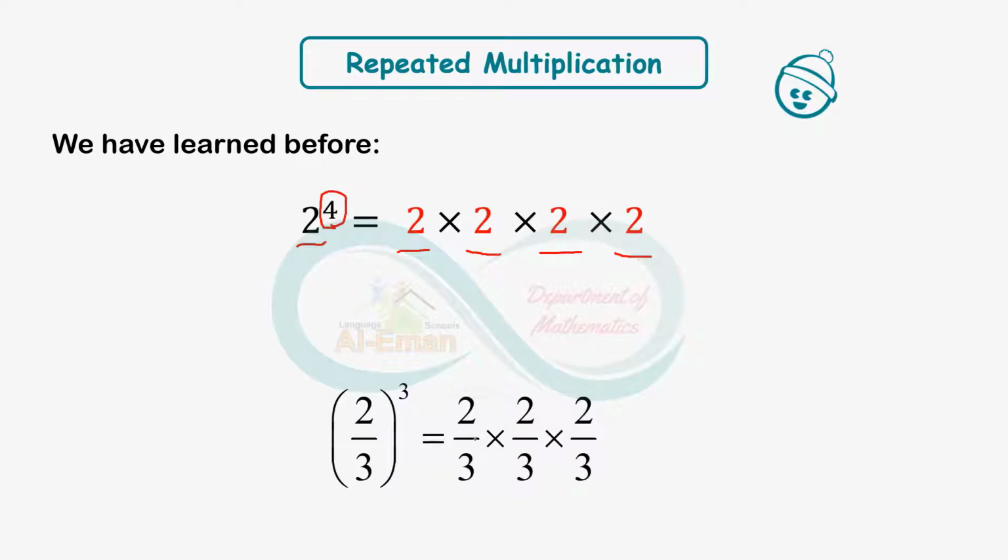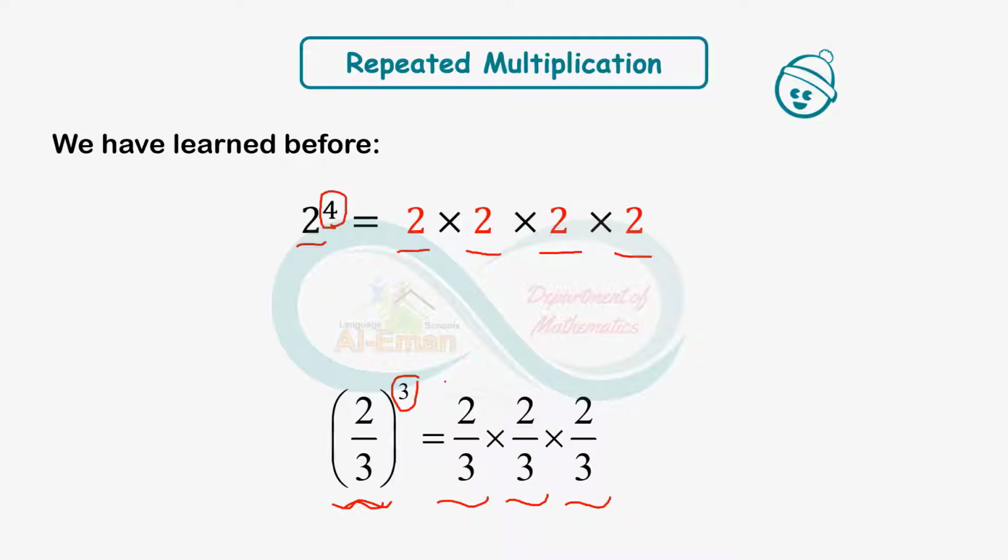Also, if we have a rational number that contains a fraction, like 2 over 3 in our case, all to the power 3, it means that the base, our rational number 2 over 3, is multiplied by itself 3 times: 2 over 3 times 2 over 3 times 2 over 3.